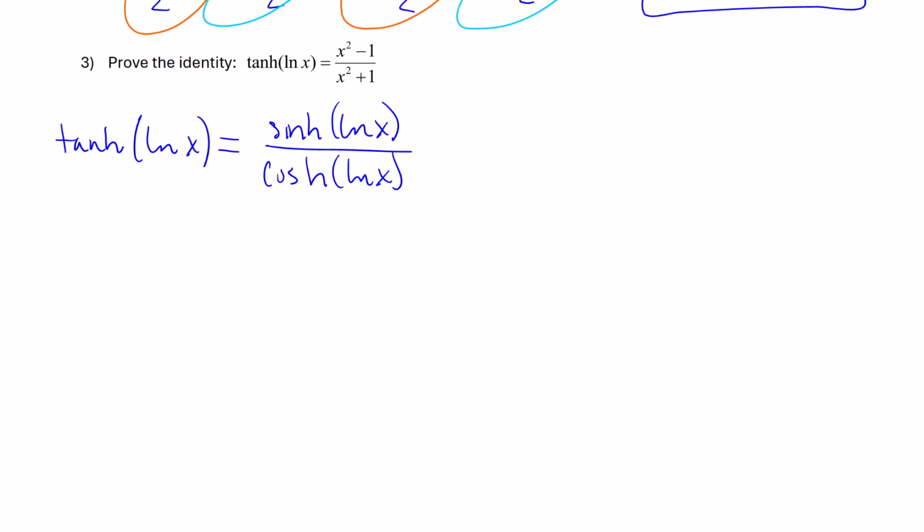Now, if we take this a step further, let's use the definition of sinh and cosh as given above with the inputs of natural log of x, which is what we have in this problem. So the numerator, instead of just being sinh of natural log of x, the definition for sinh is e to the input, so we want e to the ln of x, minus e to the negative input, so e to the negative ln of x.